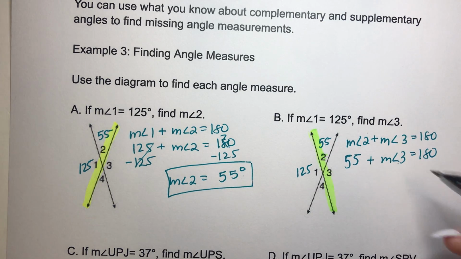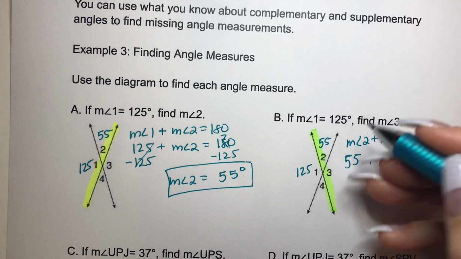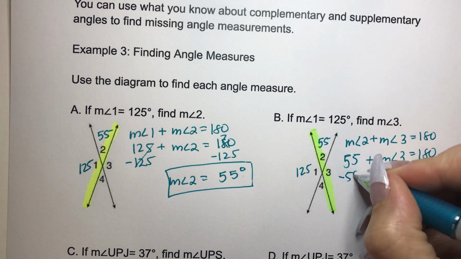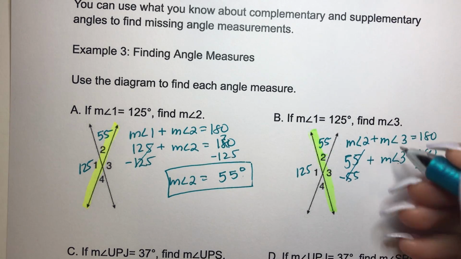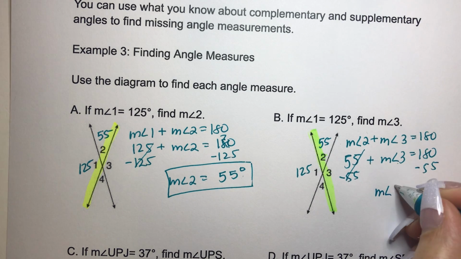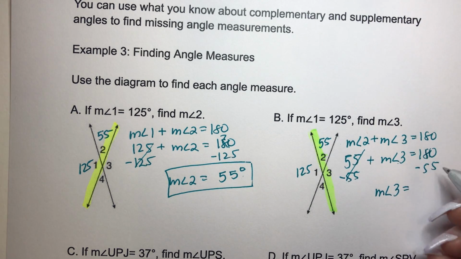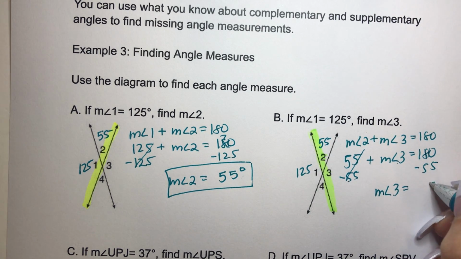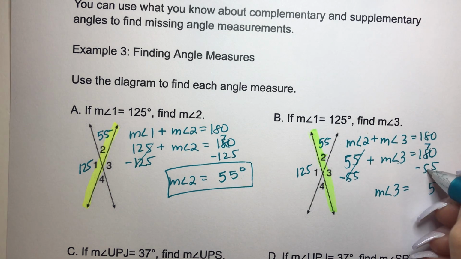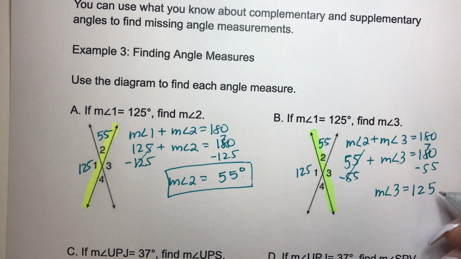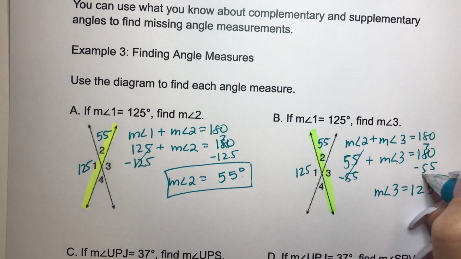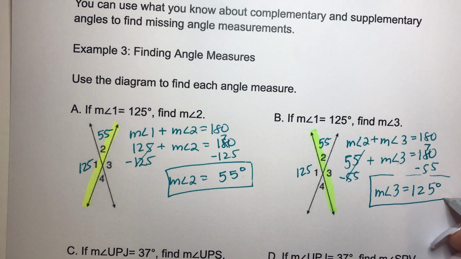We just need to get the measure of angle 3 by itself, so we do inverse operations and subtract 55 from both sides. That cancels. We have 10 take away 5, which is 5. 7 take away 5 is 2, and then 1. 125. So that's the measure of angle 3.